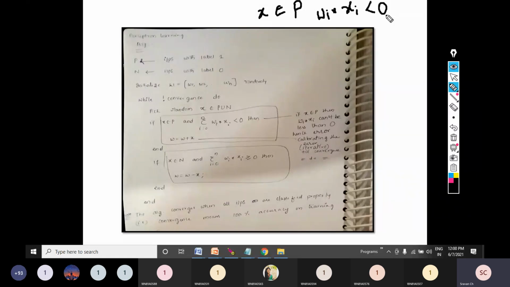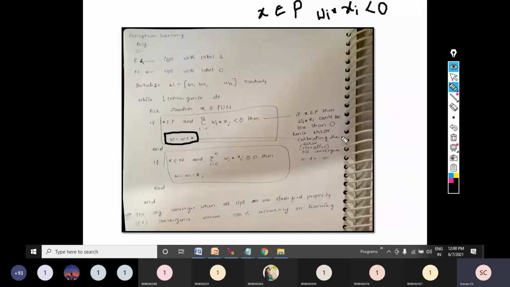Then what should I change? I should change the weights. So we will update the weight like this: W is equal to W plus X, right?